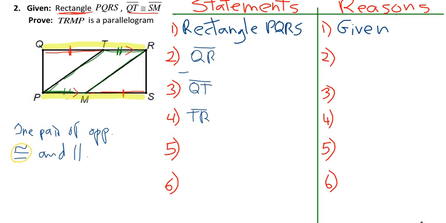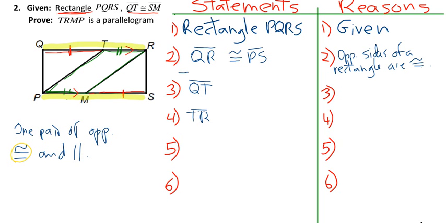So QR is congruent to PS. Why are they congruent? Because opposite sides of a rectangle are congruent.